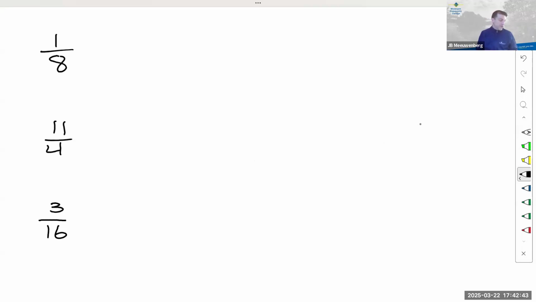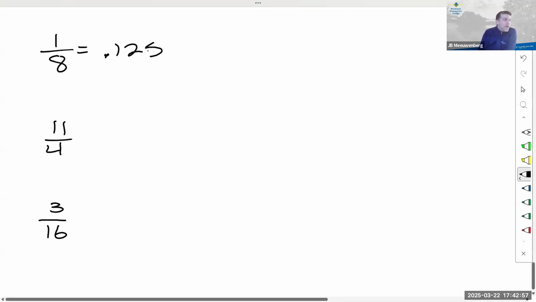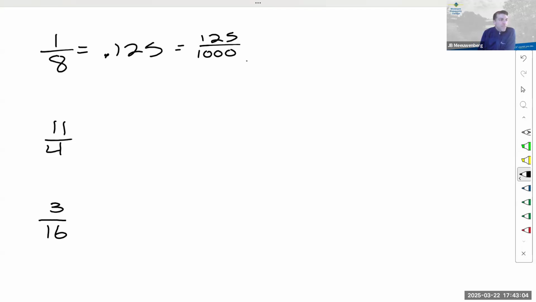Again, the way you'll start each of these is by changing them into a decimal number. The first one that we have there is 1/8. As a decimal, 1/8 is equal to 0.125. And then we can write that as 125 thousandths, because that's how it is said. We move our decimal point one spot back to get 12.5 out of 100.